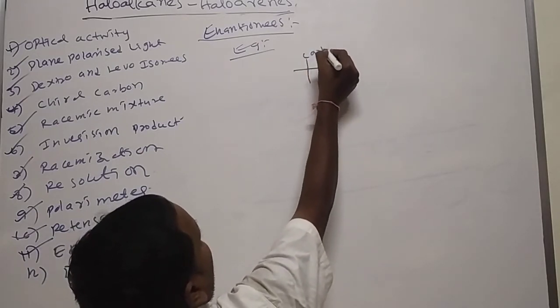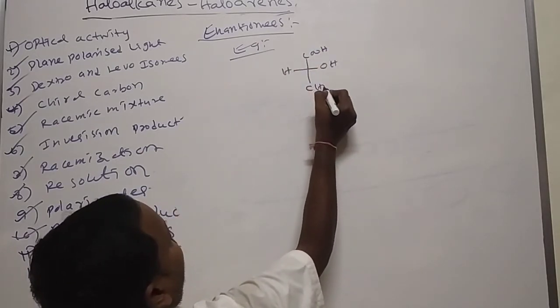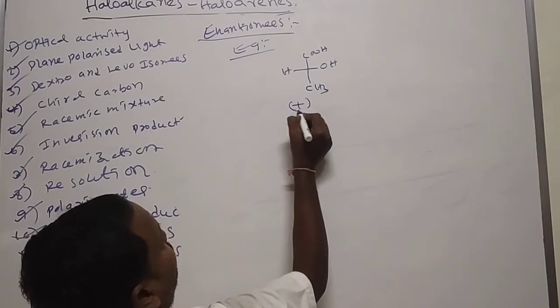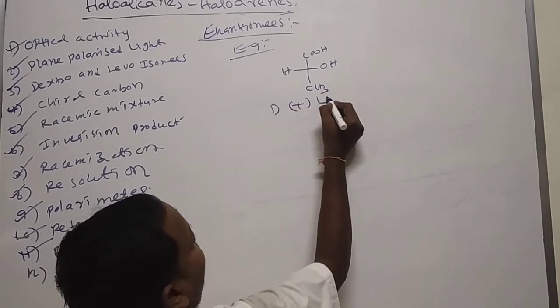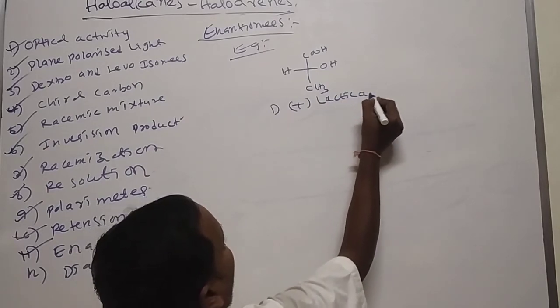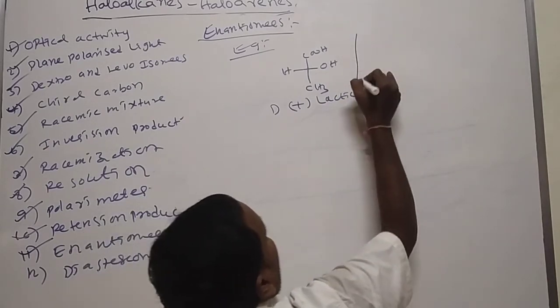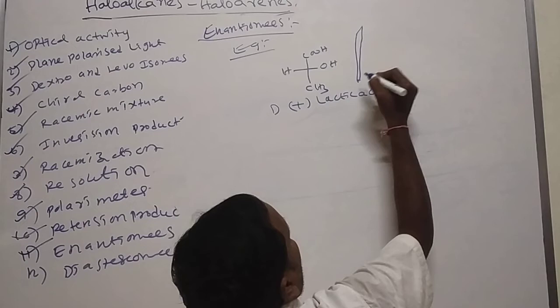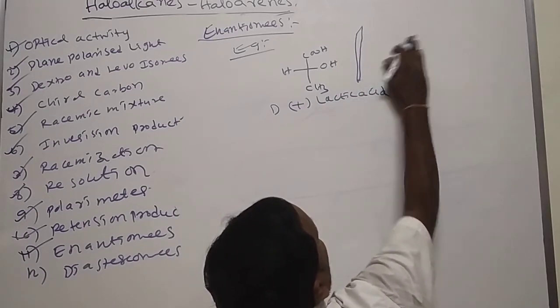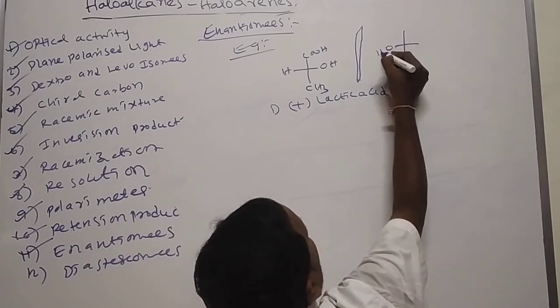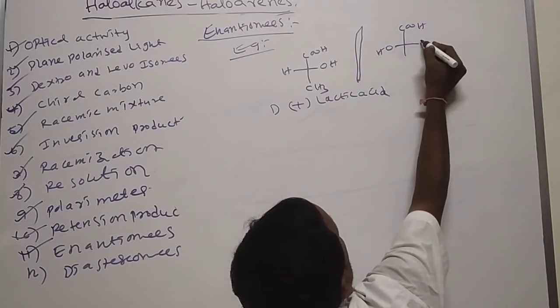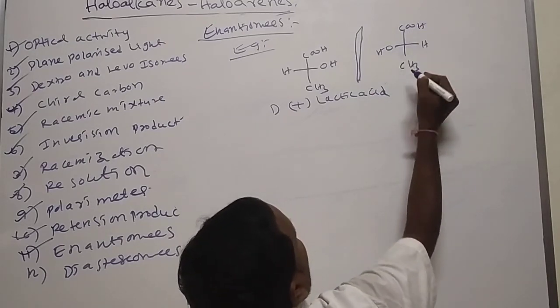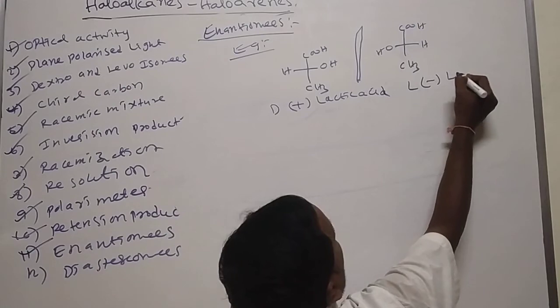OH, COOH, H, CH3. This is plus D lactic acid. Mirror. Here OH, COOH, H, CH3. This is L minus lactic acid.